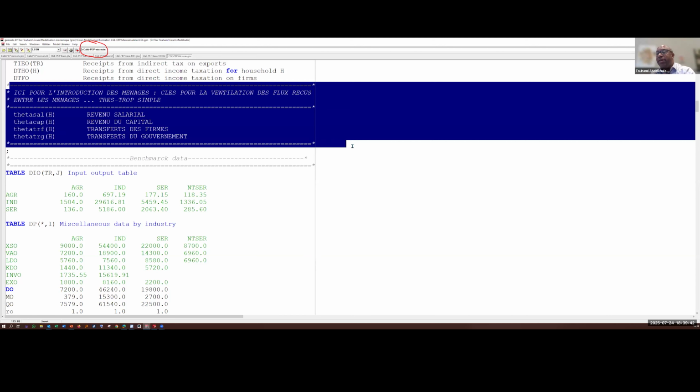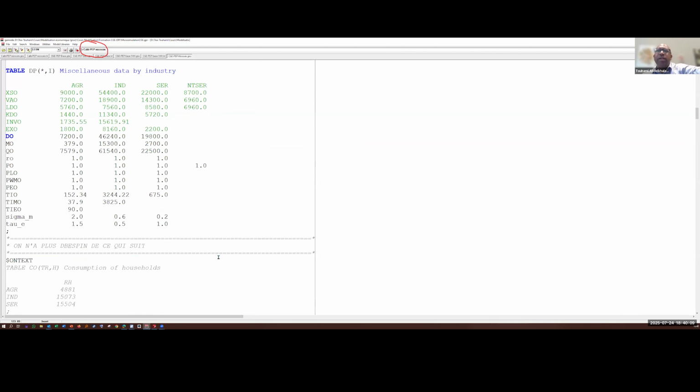We need a key to allocate to each household a part of the salaries, a part of the capital, a part of the transfers. What we did here is a very simple situation. We can do better, by giving the value we observed in the survey, or after adjustment of the value.